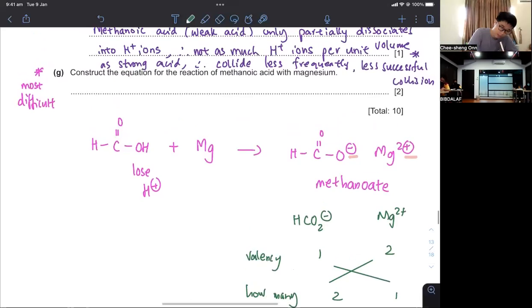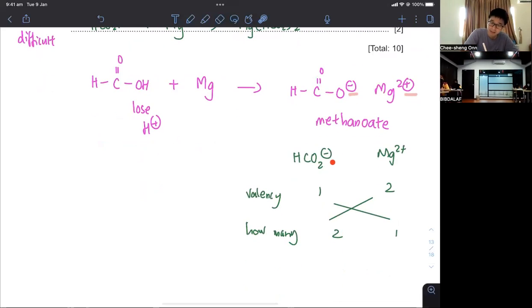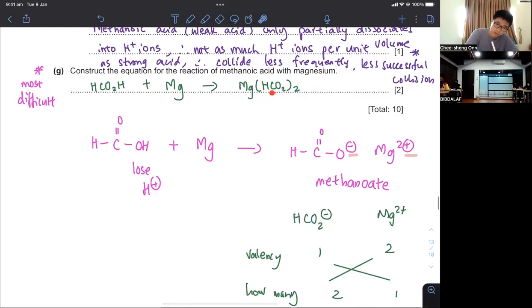Well, I am going to get HCO2H plus Mg, and I will get Mg(HCO2)2, 2 of them, because I will have 2 of these minus 1 to cancel 1 of these Mg2 plus. So I will need 2 of that and 1 of the Mg2 plus combined together, and I will get hydrogen.